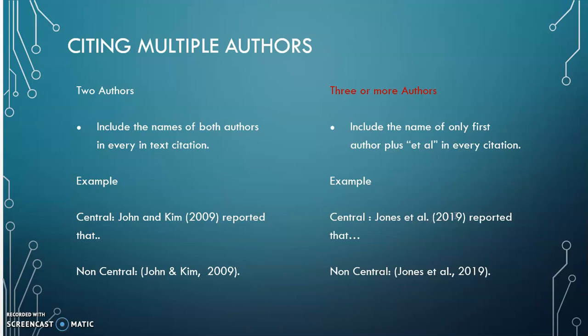Jones et al. 2019. This is how you're going to do it at the beginning of a sentence. John et al. full stop 2019. And in a non-central way, John et al. full stop, comma, 2019 inside the bracket. This is how it is going to come at the end of your quote. This is how it comes at the beginning of your quote.